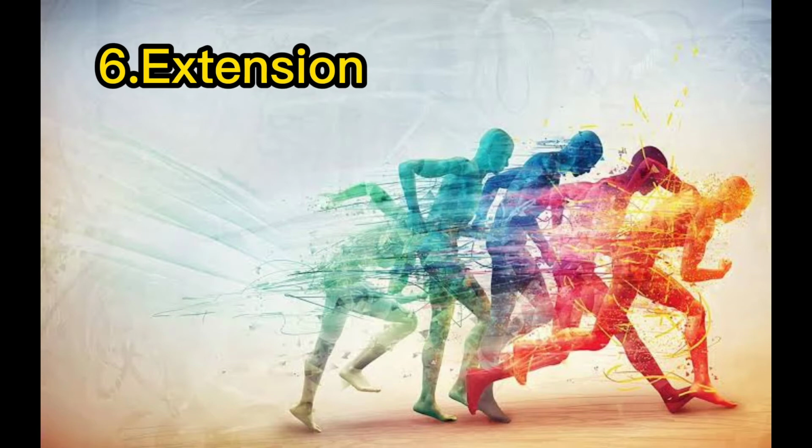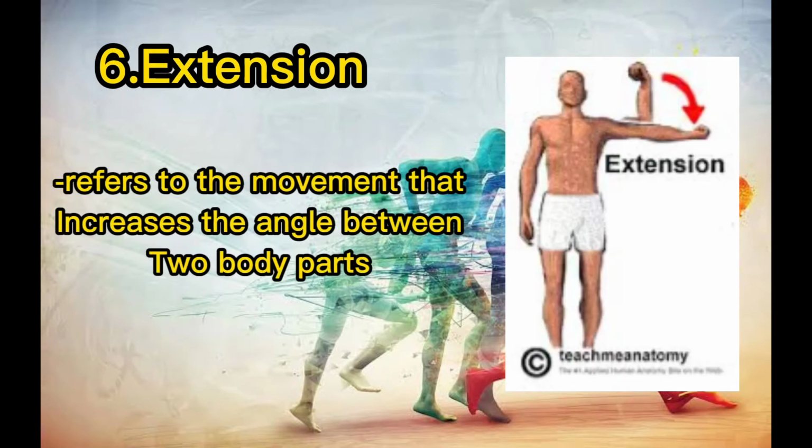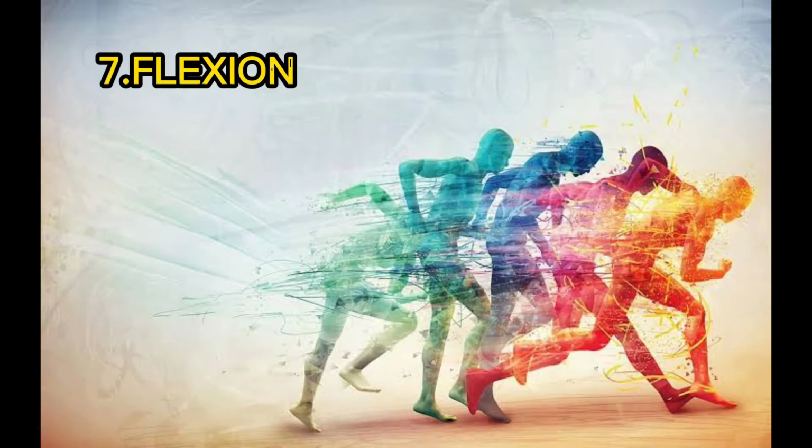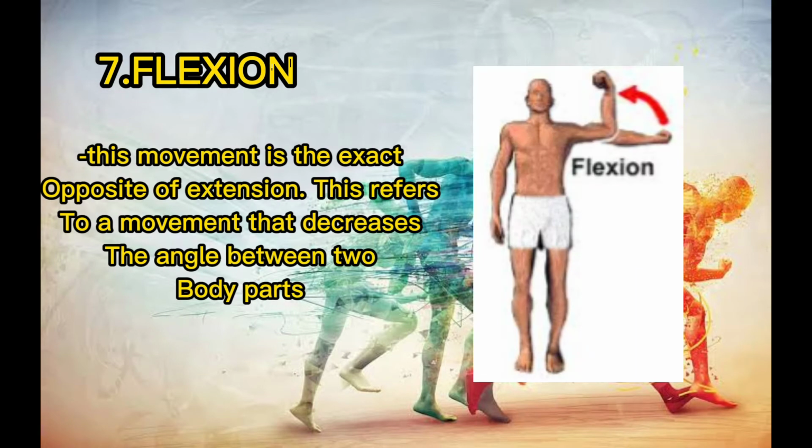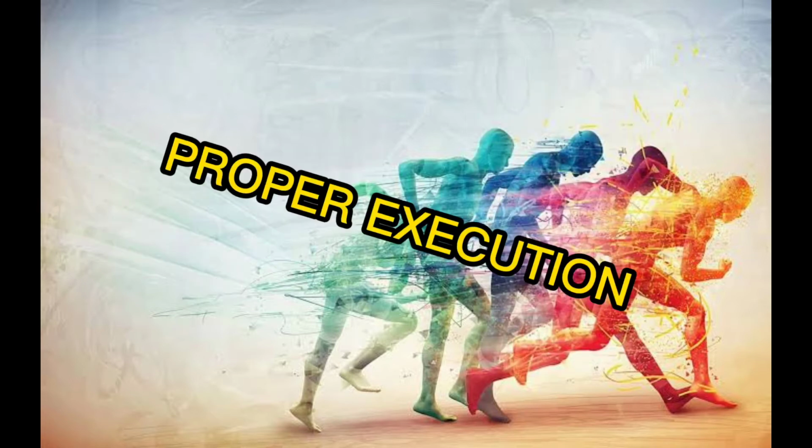The sixth movement is extension, which refers to the movement that increases the angle between two body parts. The seventh movement is flexion. This movement is the exact opposite of extension. This refers to a movement that decreases the angle between two body parts.